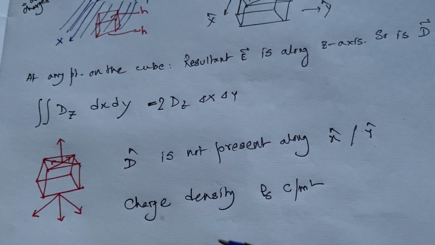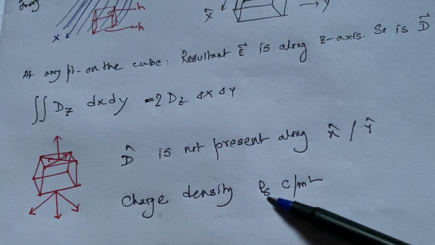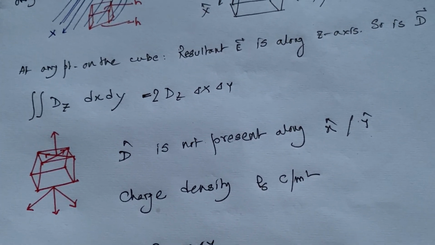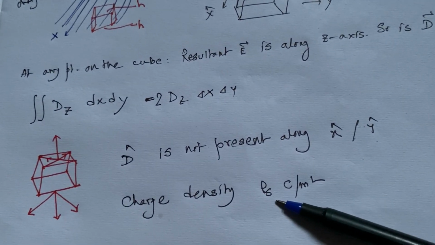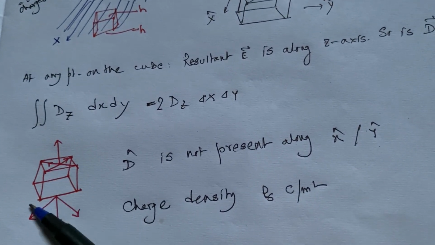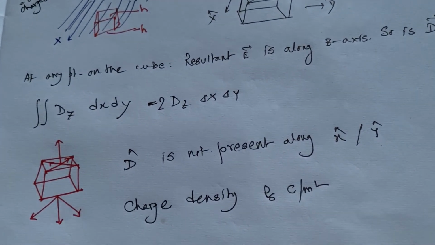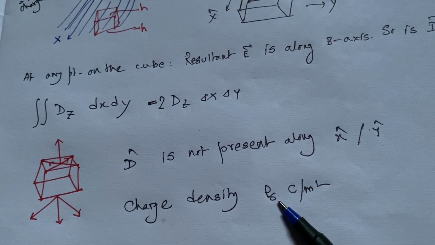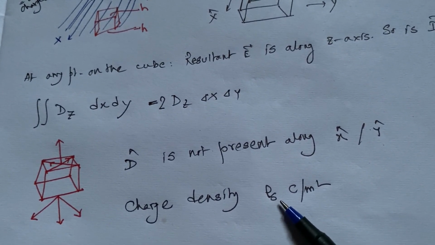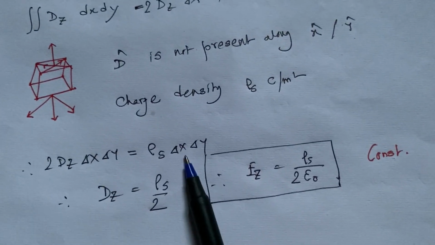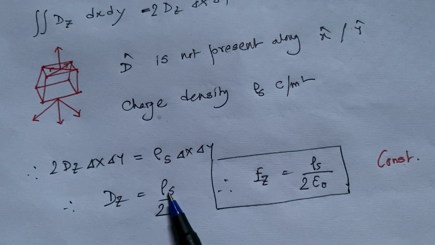Now we have a surface charge density ρs coulomb per meter square, for example. Then what will be the total charge on the surface? The surface area along this and this direction is Δx into Δy. So the total surface charge will be ρs Δx Δy. So applying Gauss's law, we find Dz equal to ρs by 2.